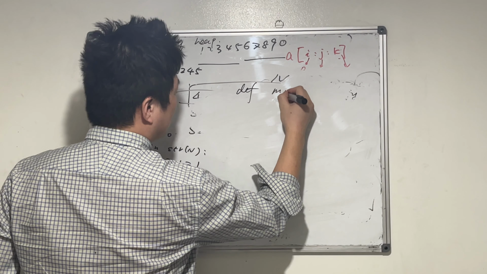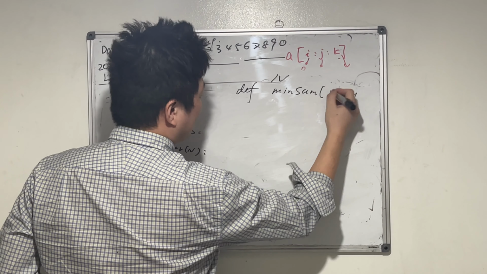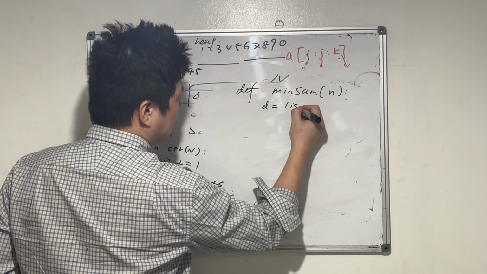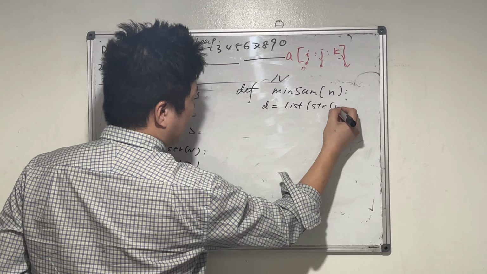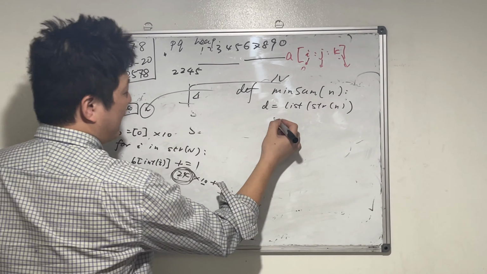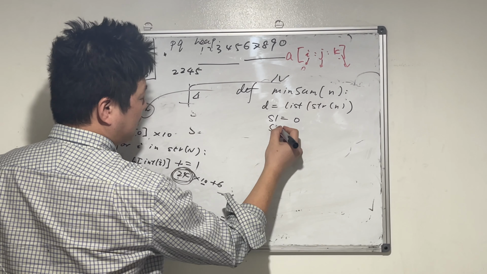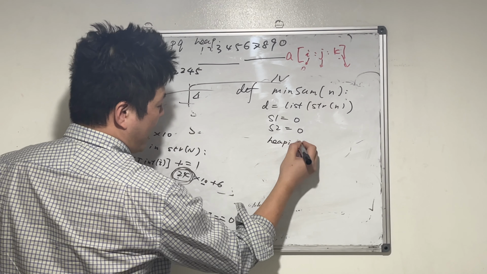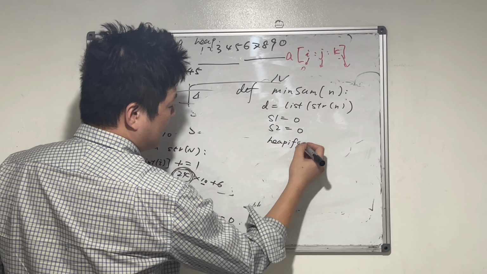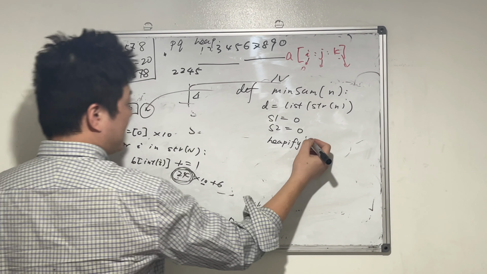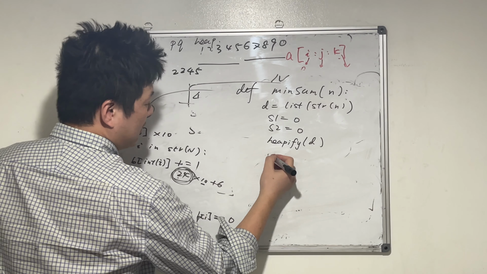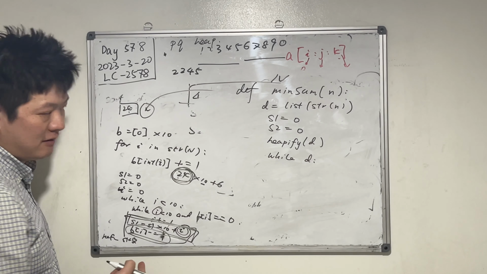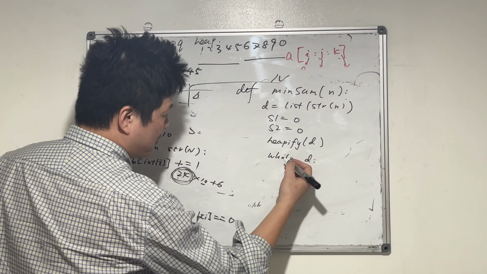Define min sum, and we have this n. The digits D equals list of str n. S1 equals 0, S2 equals 0, heapify D. Why do we have digits? What do we do?